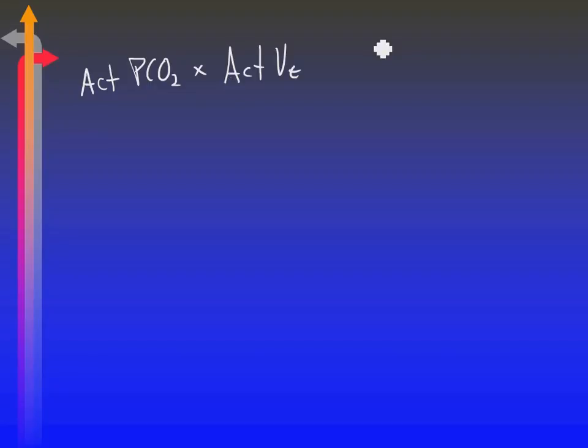So, actual PCO2 times actual tidal volume is equal to desired PCO2 times desired tidal volume.